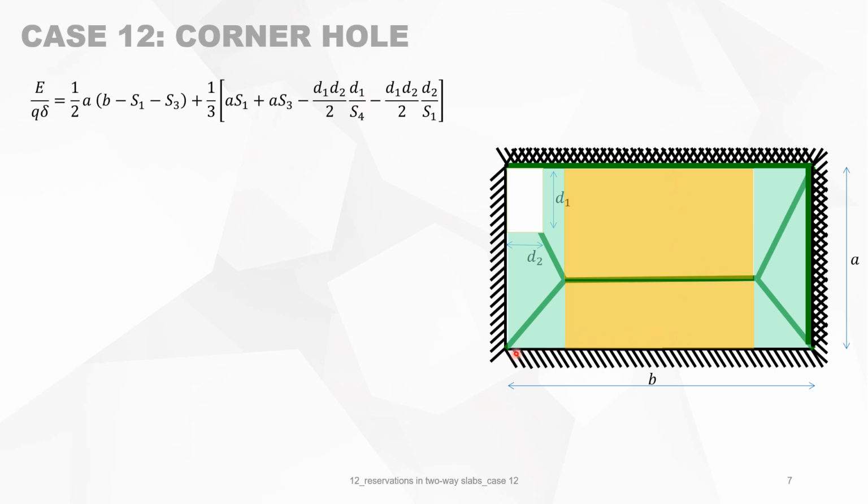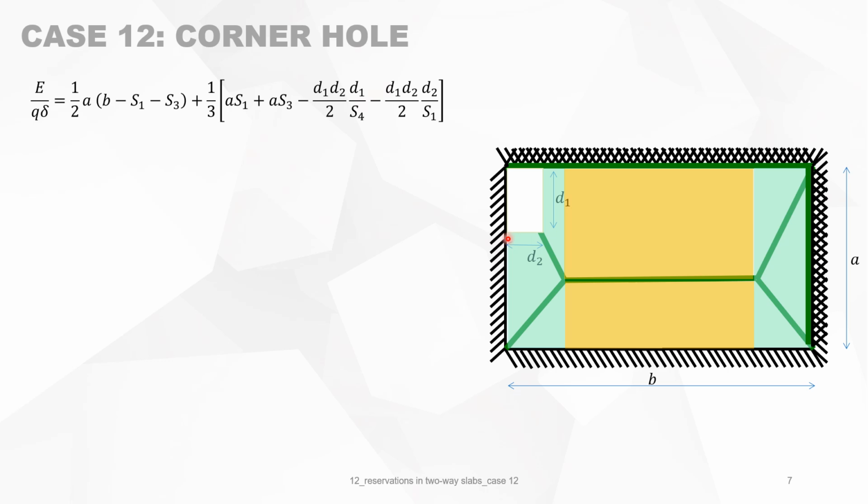And then we go to the green elements, and the green elements are triangles. So we have A over A times A times S3, which is this, and A times S1, but we must subtract the reservation.